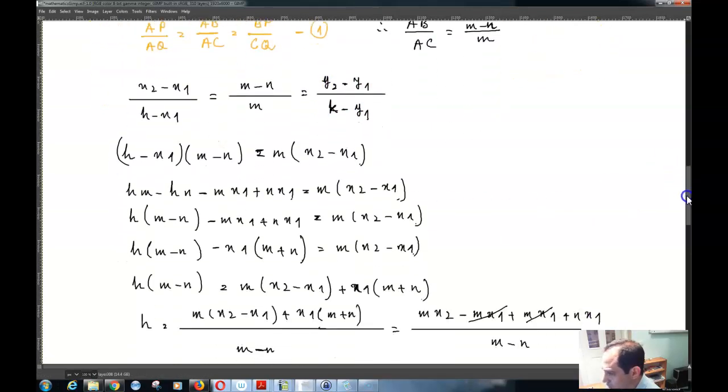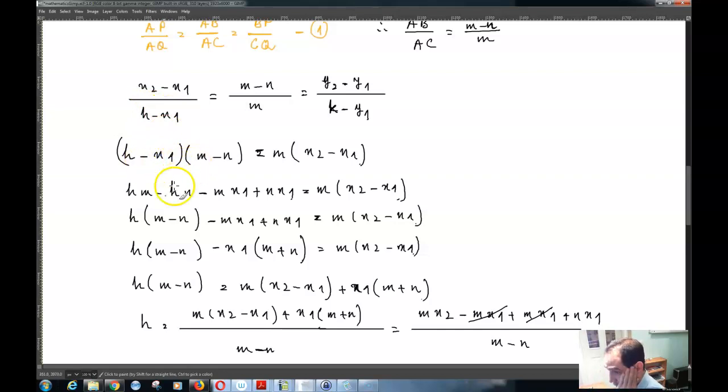There is no problem here. And then if I cross multiply here, I'll get (x2 minus x1) times m is equal to (m minus n) times (h minus x1).